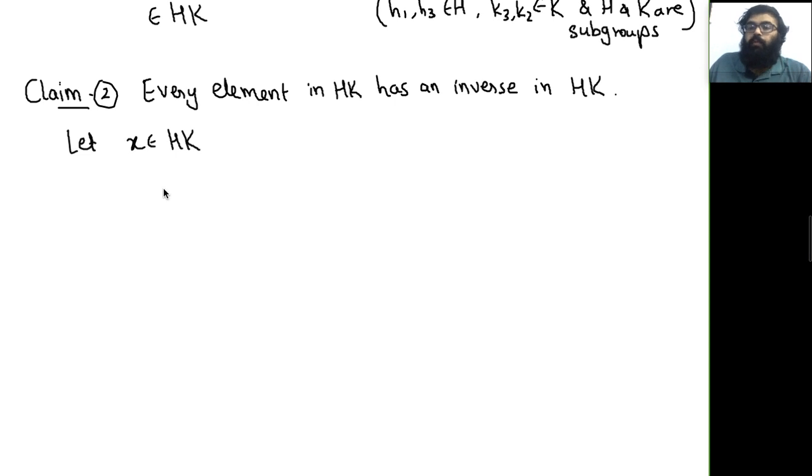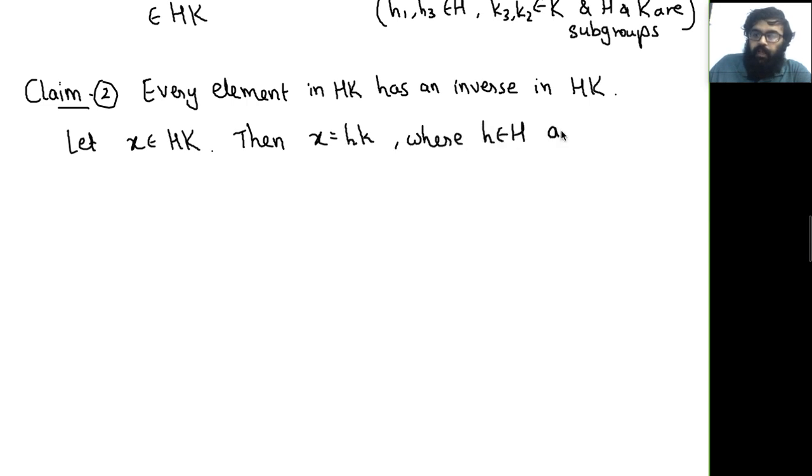What we want to show is that x inverse also belongs to HK. So x belongs to HK. This means I can write x equals hk, where h is in H and k is in K.